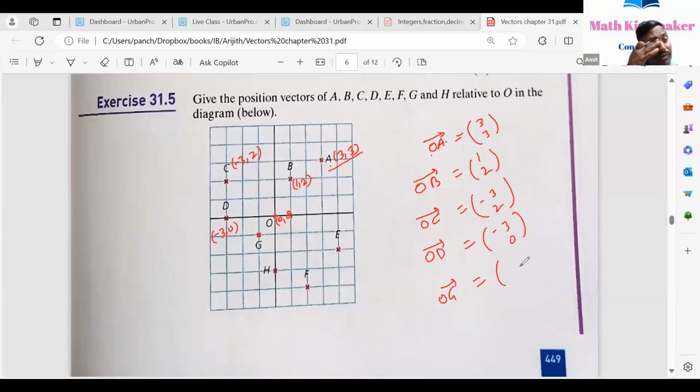You just have to find out its coordinate. So it will be 1, 1. It is in the third quadrant. Third quadrant will always have both negative. So it will be minus 1, minus 1.